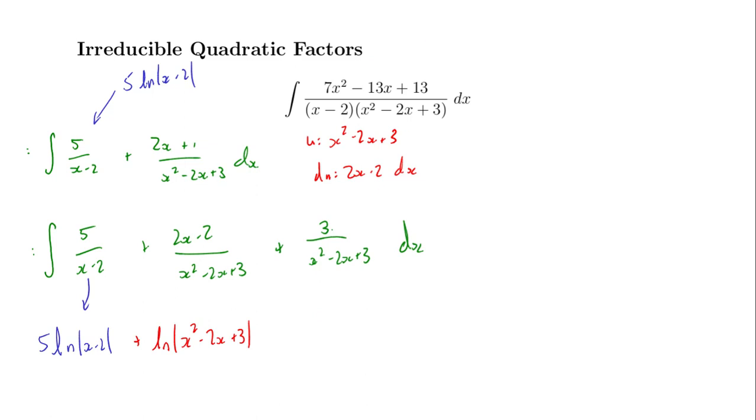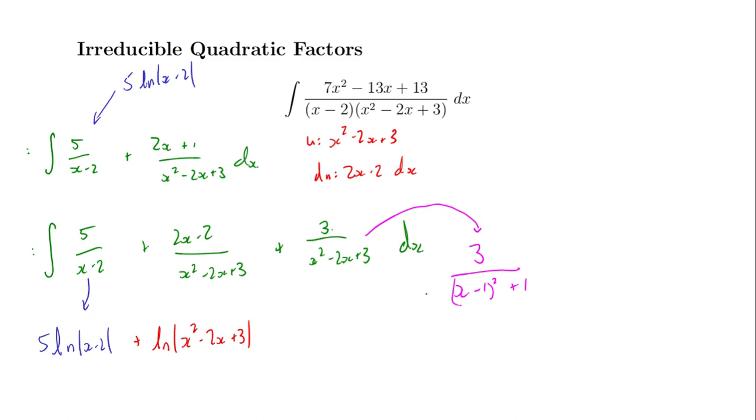And now this third one, we may have to think about a little bit. Maybe it's helpful if we complete the square. So this is really, I'll do this in pink, 3 over x minus 1 squared, but x minus 1 squared would be x squared minus 2x plus 1, so we need plus 2, so it's really plus 1.